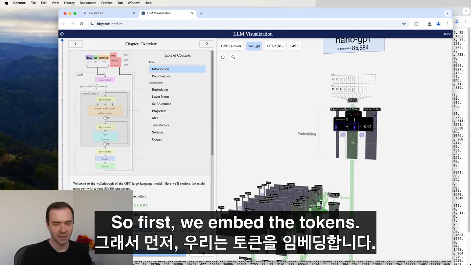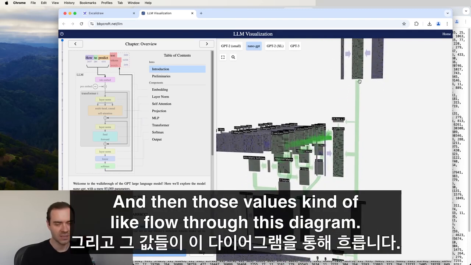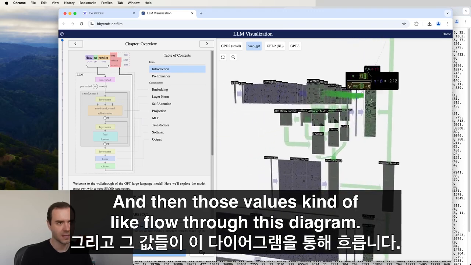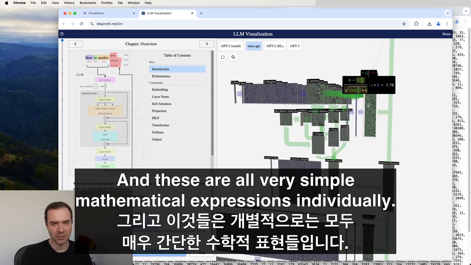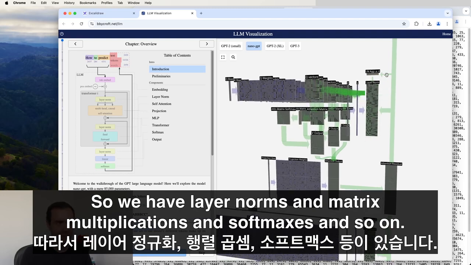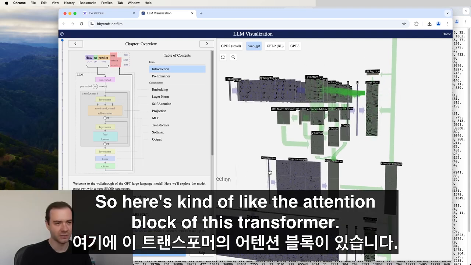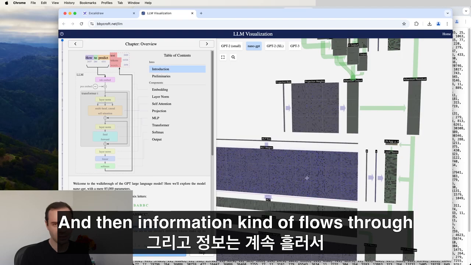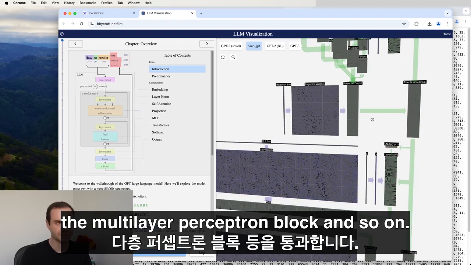First we embed the tokens, and then those values flow through this diagram. And these are all very simple mathematical expressions individually. We have layer norms and matrix multiplications and softmaxes and so on. Here's the attention block of this transformer. And then information flows through into the multi-layer perceptron block and so on.